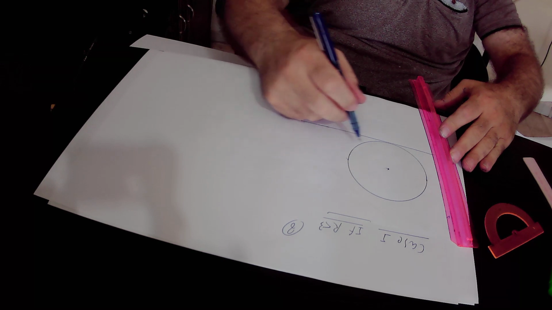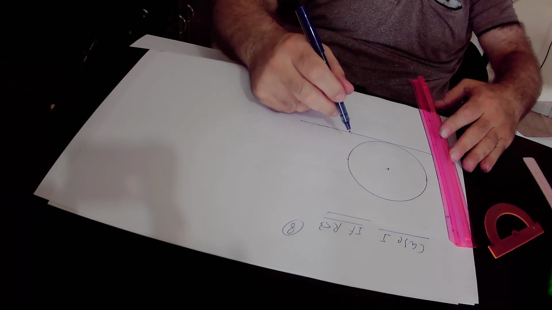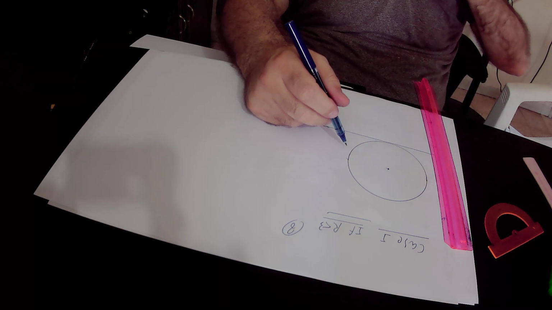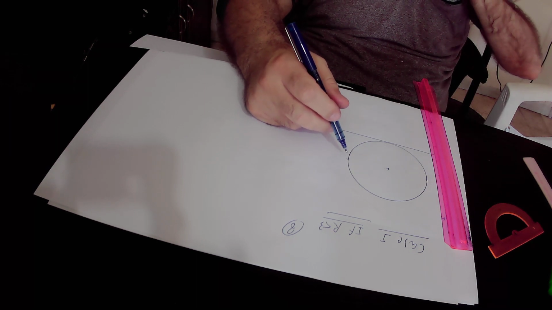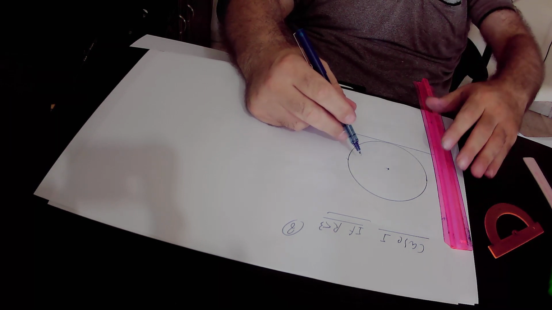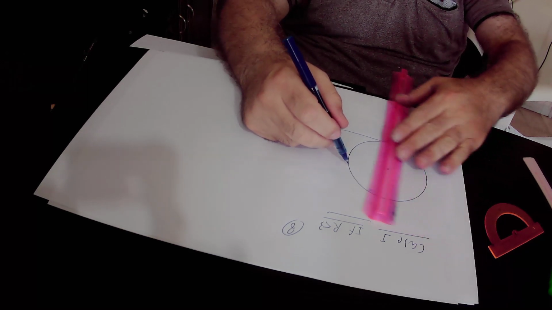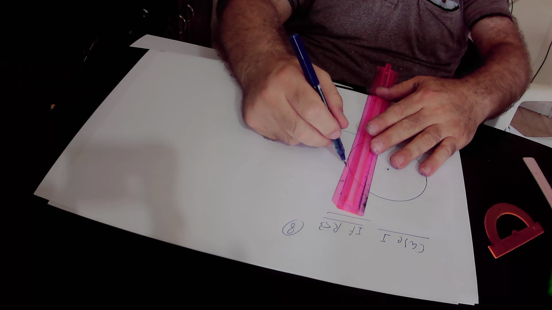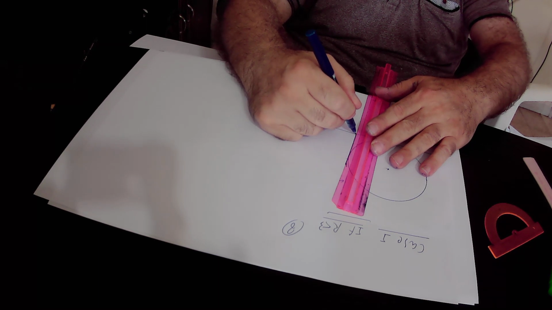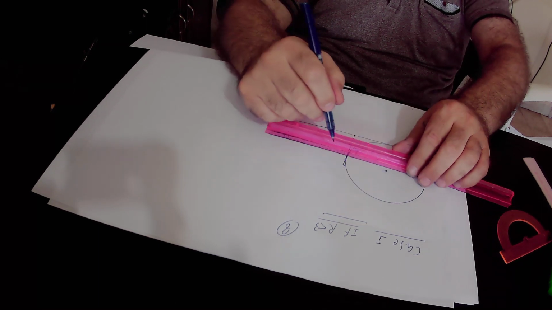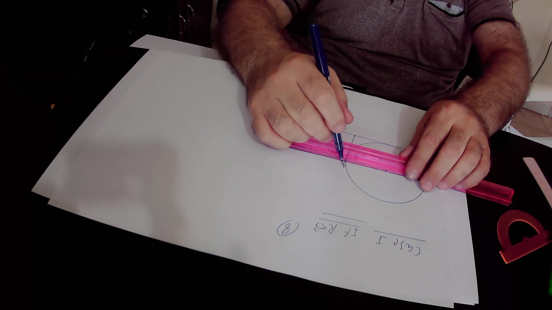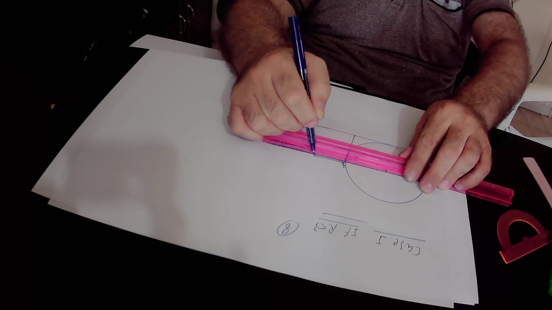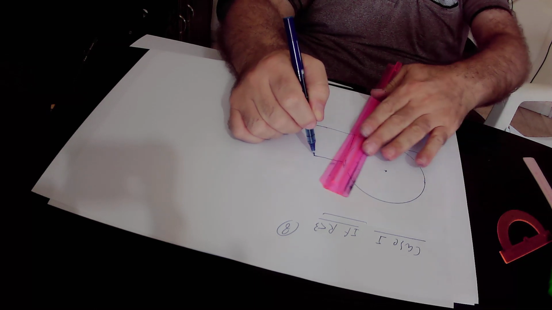So, if the radius is less than 3 units, it means that the square side that is 3 units will be longer than the radius. Here, the side length of the square is equal to 3 units. Therefore, it will be longer than the radius.